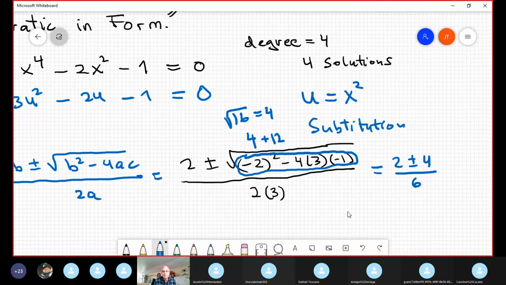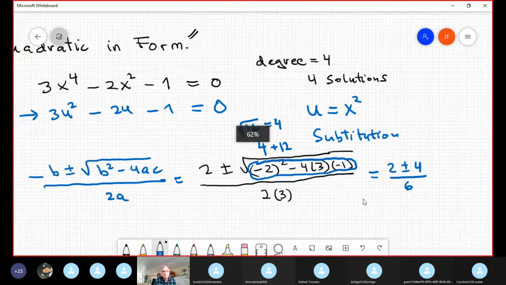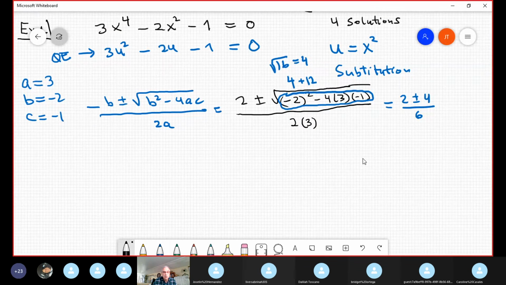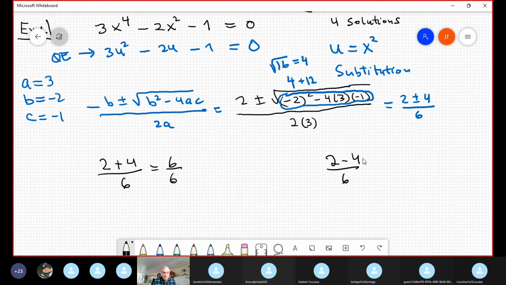Now you separate into pieces. Que es 2 plus 4 over 6 and 2 minus 4 over 6. Well, 2 plus 4 is 6, and 6 divided by 6 is 1. Okay, super. And 2 minus 4 is -2, and -2 divided by 6 is, well, in lowest terms.